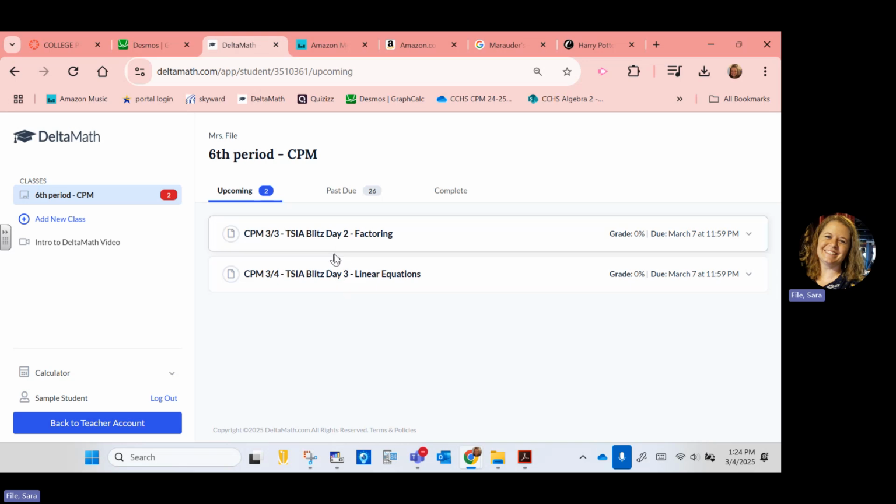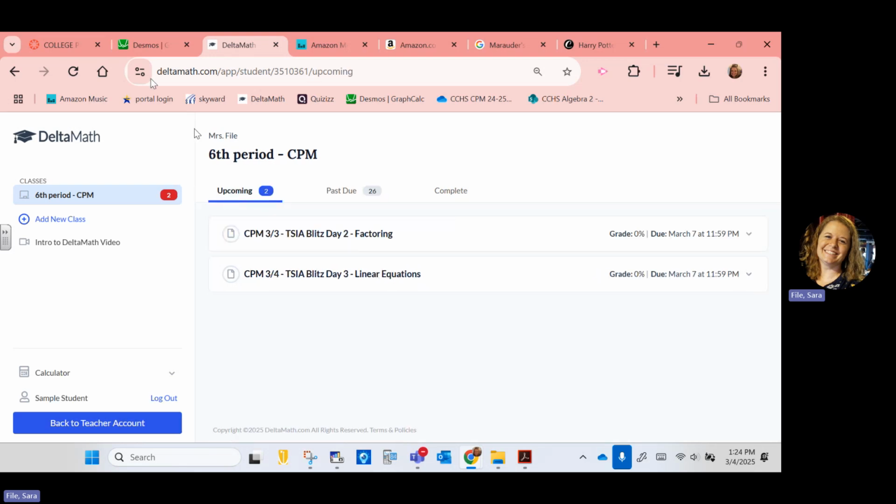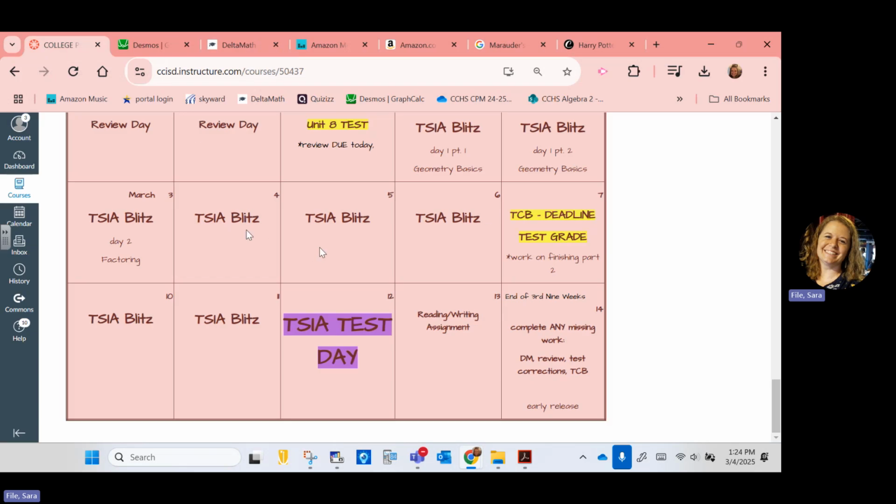Okay, if you finish both of those and you haven't finished day 1, go back to that geometry basics to review that and practice. If you have not turned in your reading writing grade, that was part of the geometry basics. That's why the geometry basics took 2 days last week, because I had you writing all those definitions for those geometry terms as we reviewed and told you that was your reading writing grade.